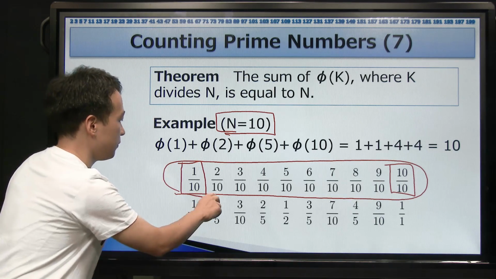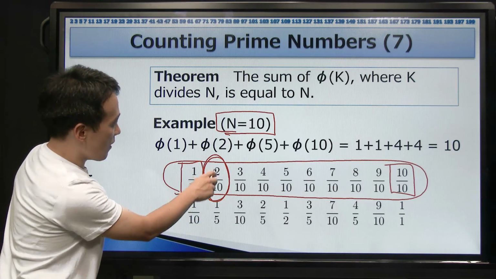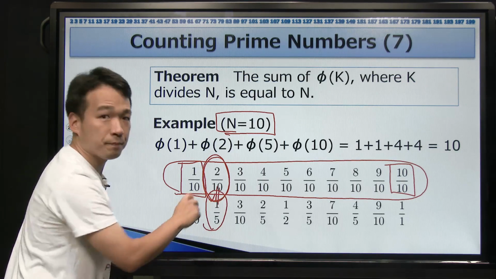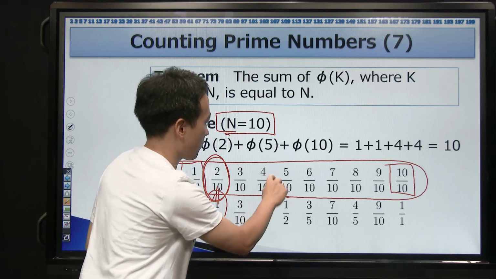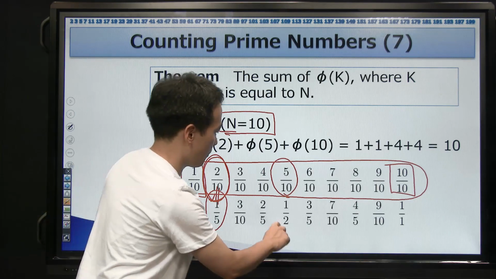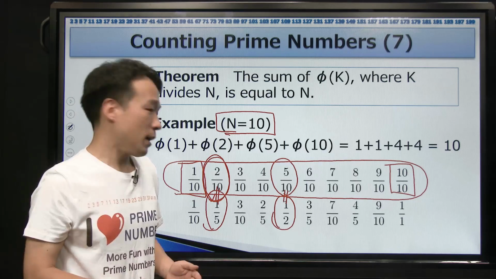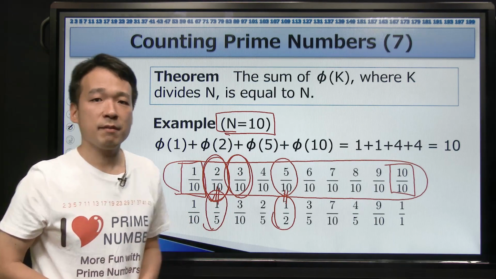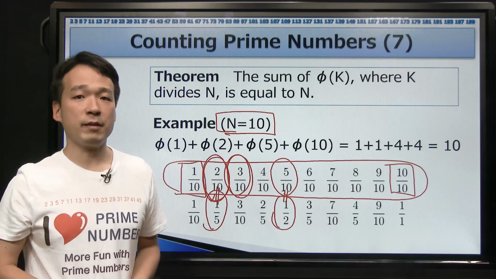For example, 2/10 is equal to 1/5. 5/10 is equal to 1/2. But 3/10 cannot be simplified because 3 and 10 are relatively prime.